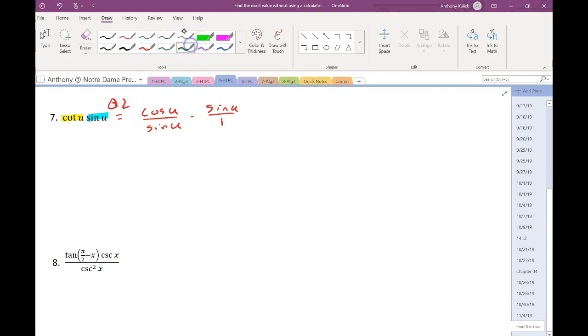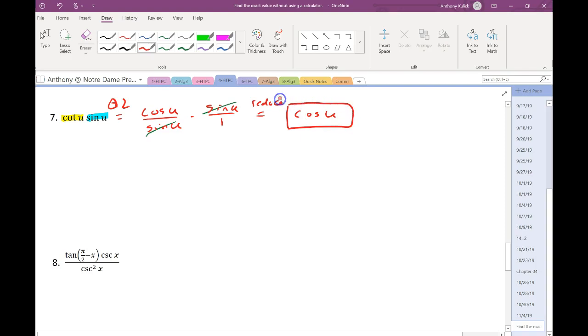What can I do here? Yeah, I can reduce, right? And what am I left with then? Cosine u. Can I do anything more than that? No, I'm down to a single trig function. That's as good as life gets. So we're done. That wasn't so bad, right?